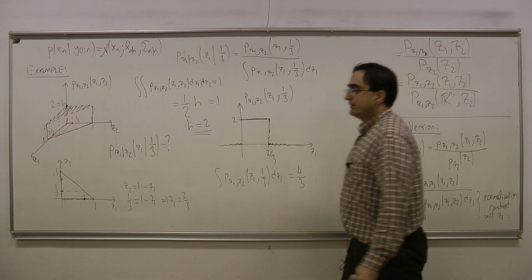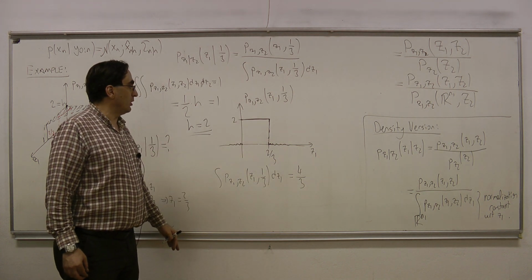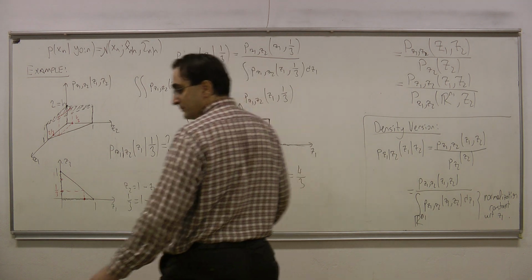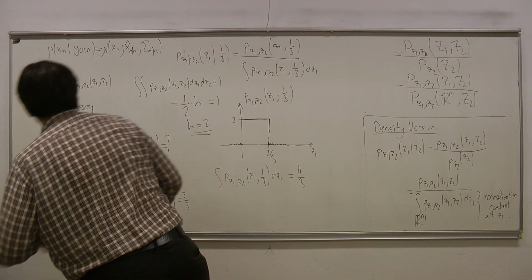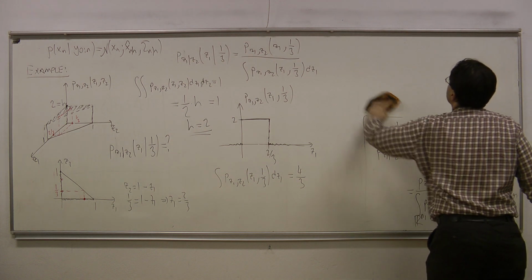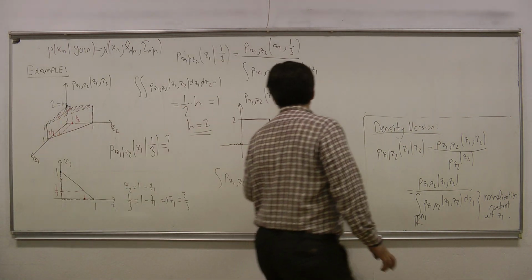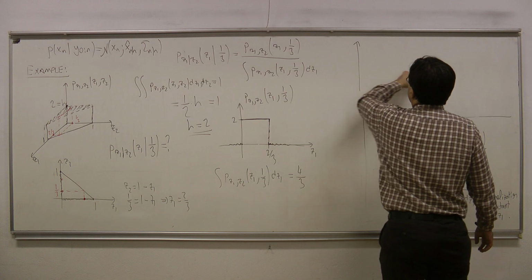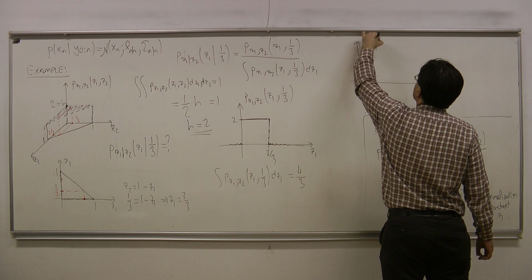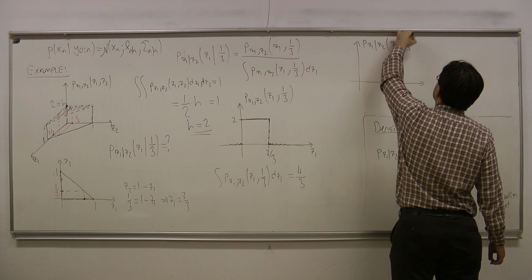The 0 parts remain as 0, and I divide 2 by 4 over 3. So now this is going to be the conditional distribution of Z1 given Z2 equal to 1 over 3.